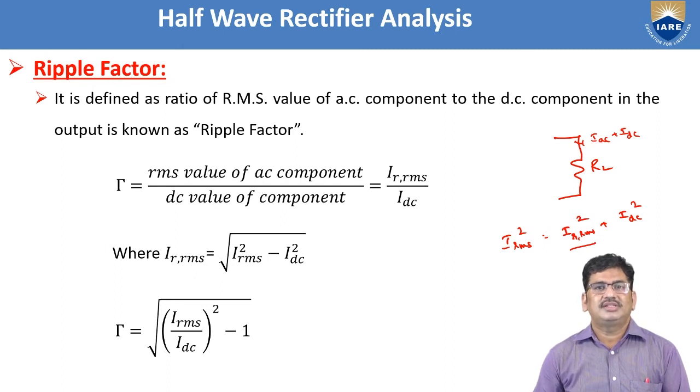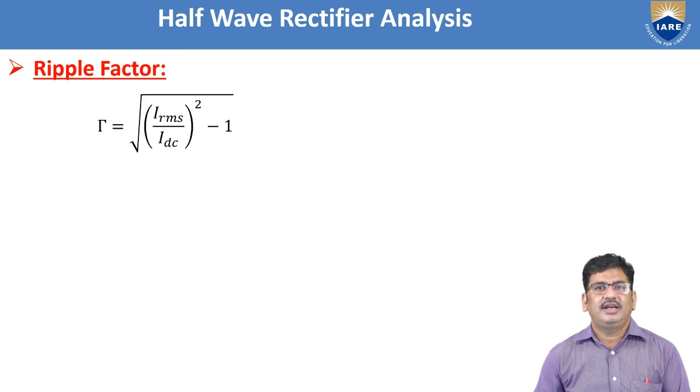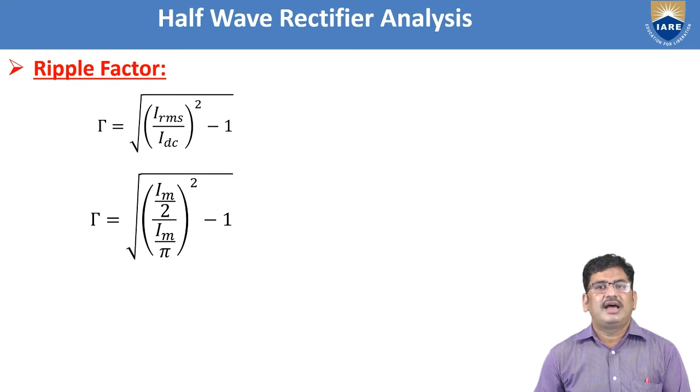Substituting the IRMS and IDC components in the ripple factor: IRMS is equivalent to Im by 2 for the half-wave rectifier and IDC is equivalent to Im by pi for the half-wave rectifier. Substituting these two, the ripple factor is square root of Im by 2 divided by Im by pi whole square minus 1.